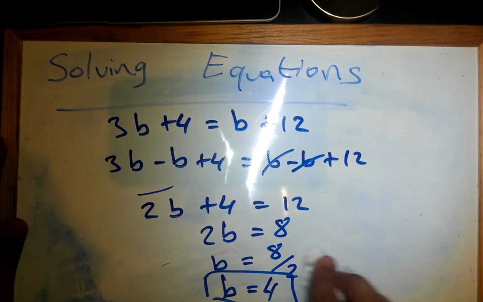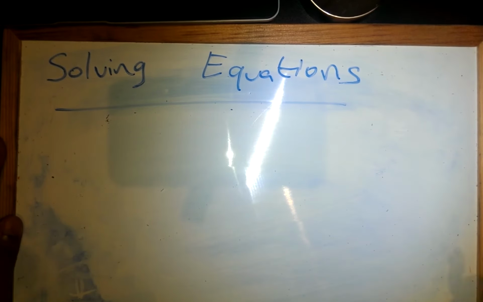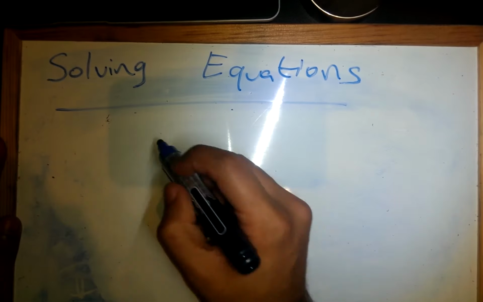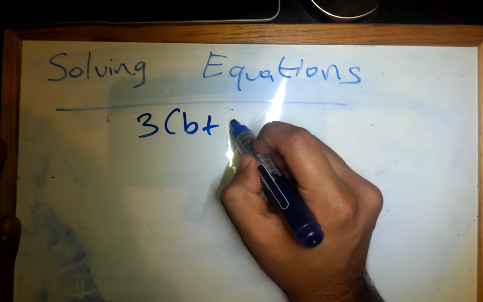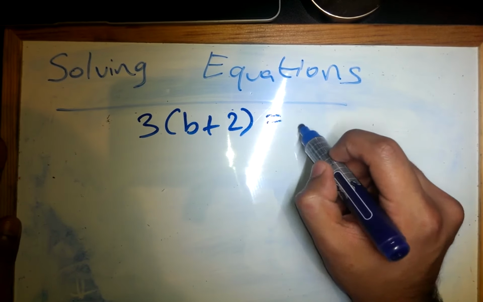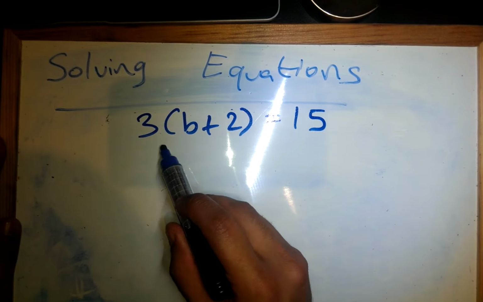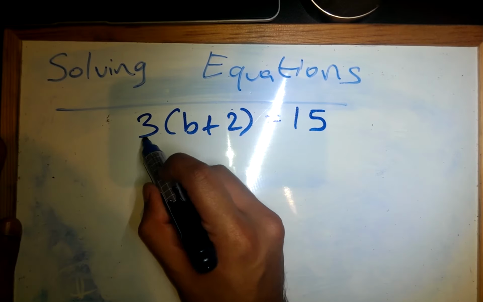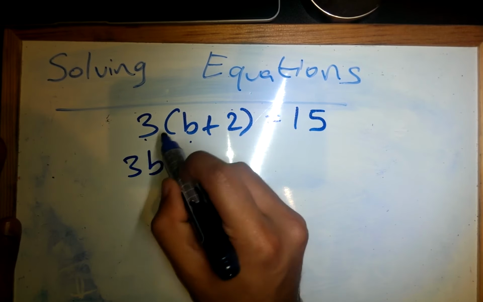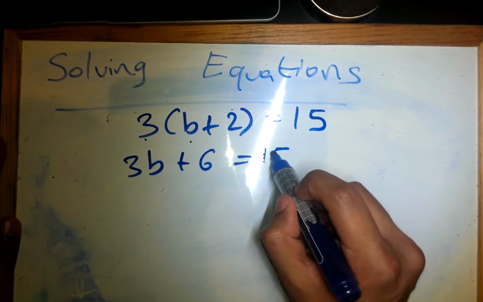Now, what if we have equations with brackets? Now, I'm talking about this. Well, first of all, we mustn't be put off by this bracket. We know that this bracket is nothing more than 3b plus 6 equals 15.